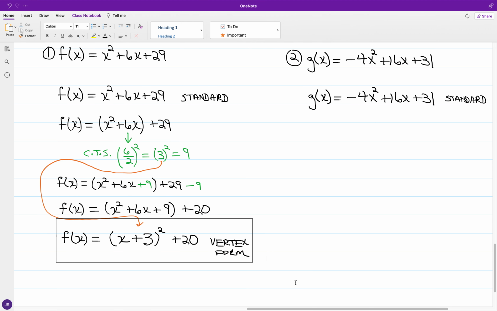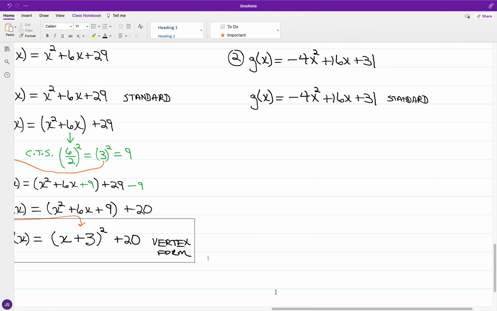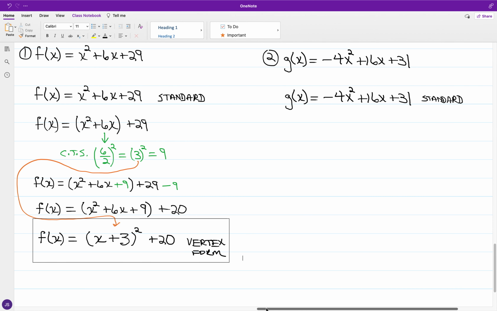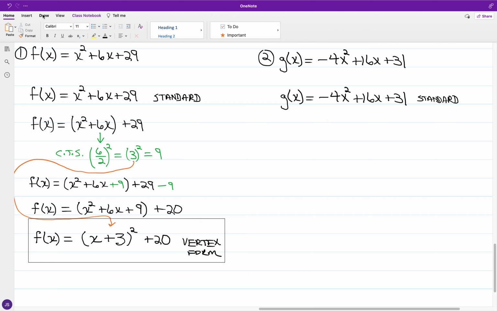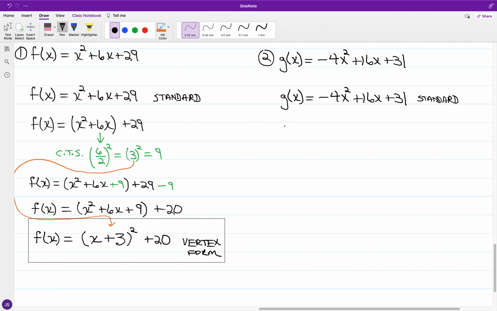Okay, now for what we have in the case of g of x, I have negative 4x squared plus 16x plus 31. If I separate the variable terms, I have negative 4x squared plus 16x, and I have the plus 31.